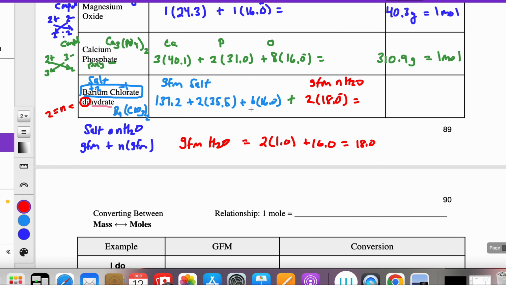So we have the salt's GFM plus the addition of the 2 waters. So when you put this into your calculator, the GFM of this hydrate is 340.3 grams of this hydrate in every mole of this hydrate.